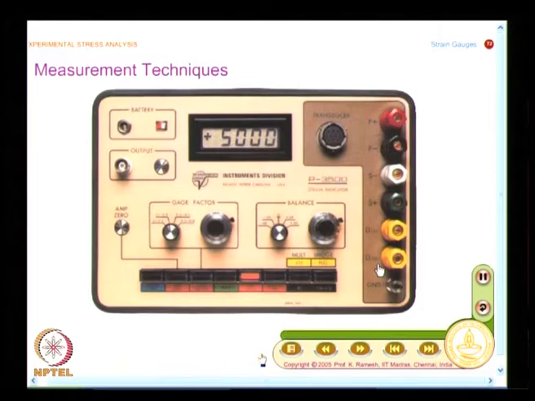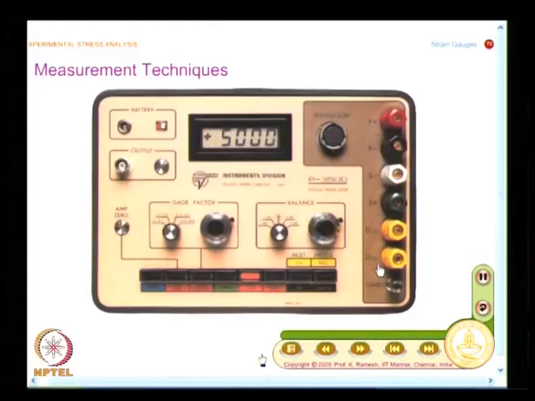In one of the earlier classes we looked at the Wheatstone bridge: to maximize the signal, I should use R1, R2, R3, R4 having the same values. Strain gauges are available at 120 ohms and 350 ohms very commonly, and depending on the strain gauge that you select, you must also have the other resistors selected in the Wheatstone bridge.